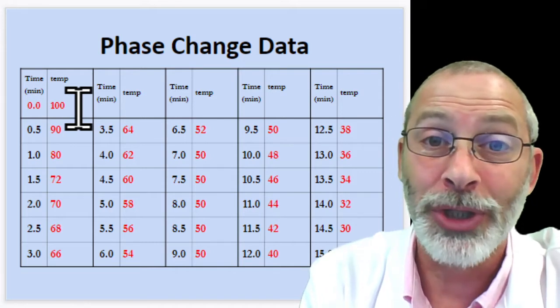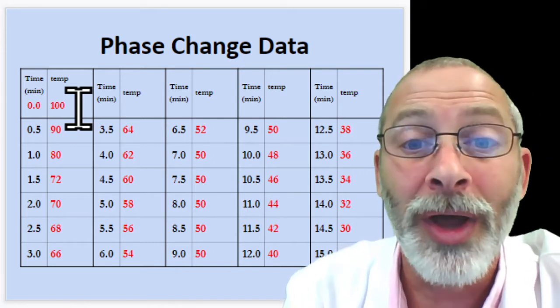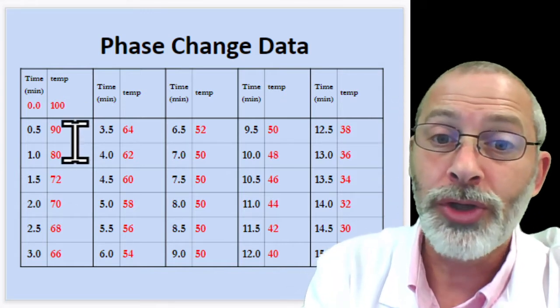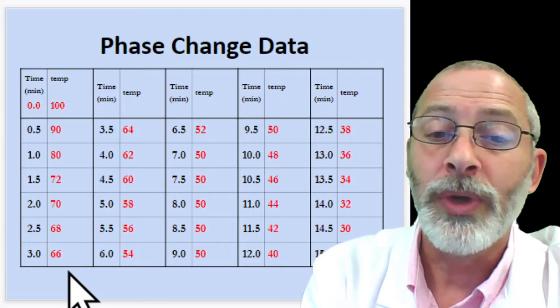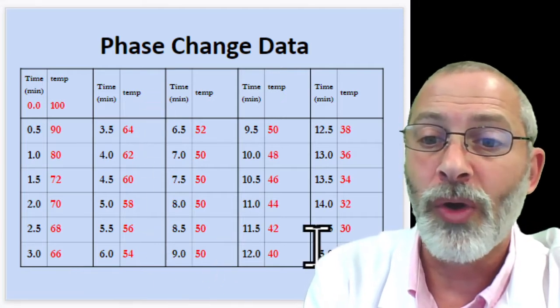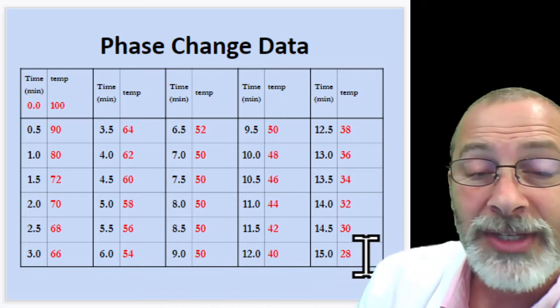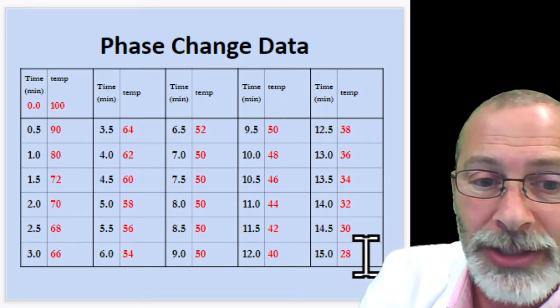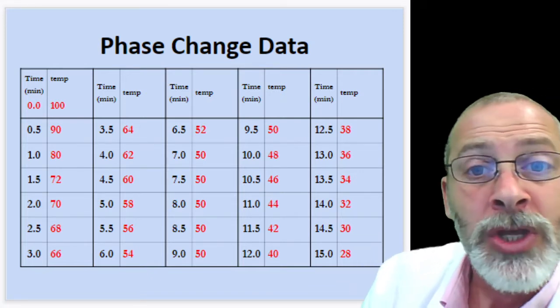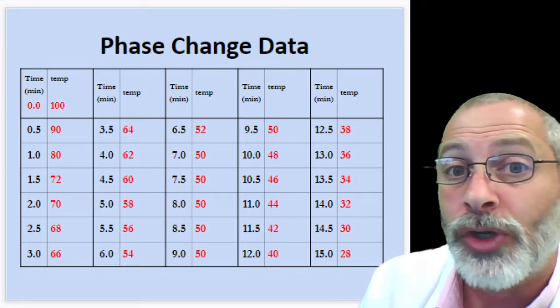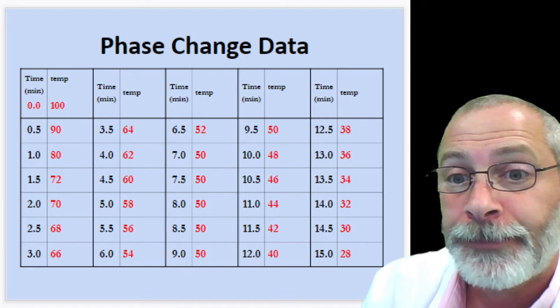And that temperature, as you know, is 100 degrees Celsius. So as you look through the data table, we gathered the data all the way out to 15 minutes and got the lowest temperature at 28 degrees Celsius. So I'd like you to pause this screen so that you can gather your data at this time.